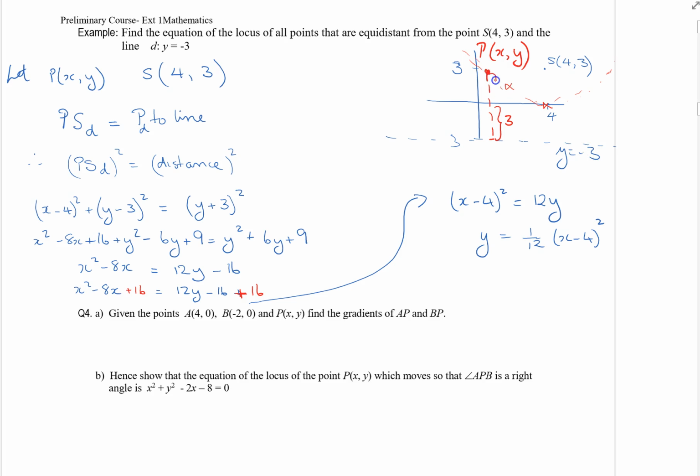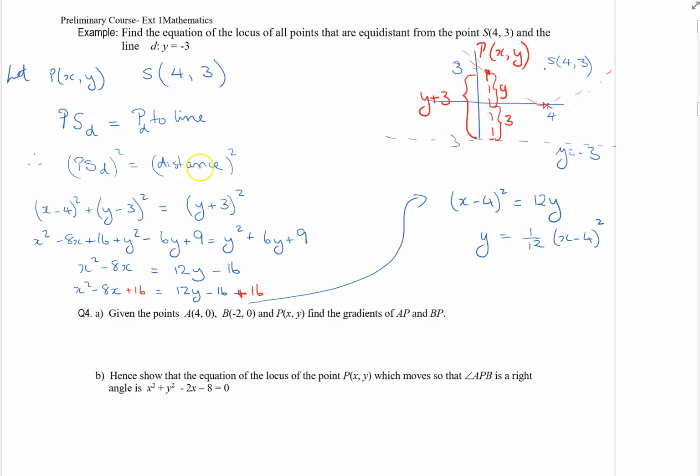And we know that this distance is actually called y, because I'm calling the point x units horizontally and y units vertically. So that distance together is called y plus 3. So I want that distance, y plus 3, to be squared.